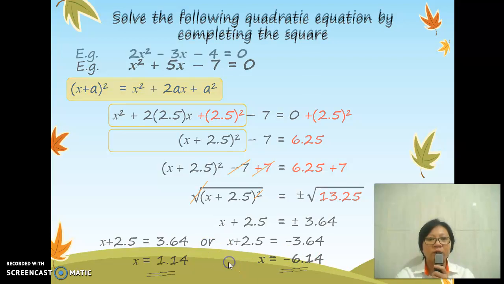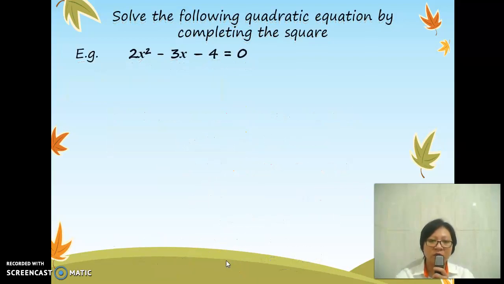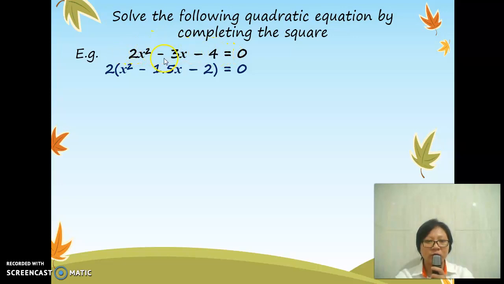Okay, what about if the coefficient of x squared is not equal to 1? For example, the coefficient of x squared here is equal to 2. What you need to do is factor out 2. So 2, open bracket, x squared minus, you need to divide each term by 2.